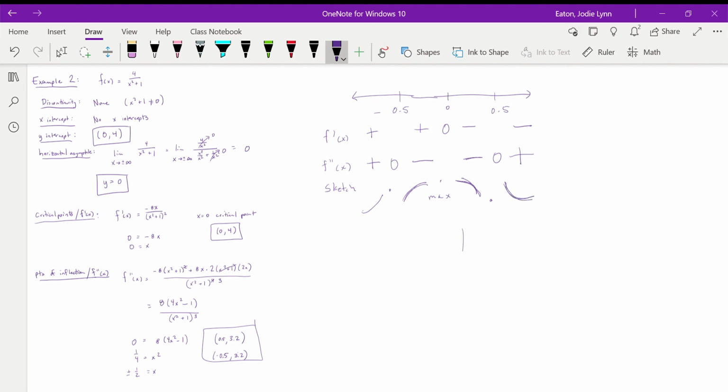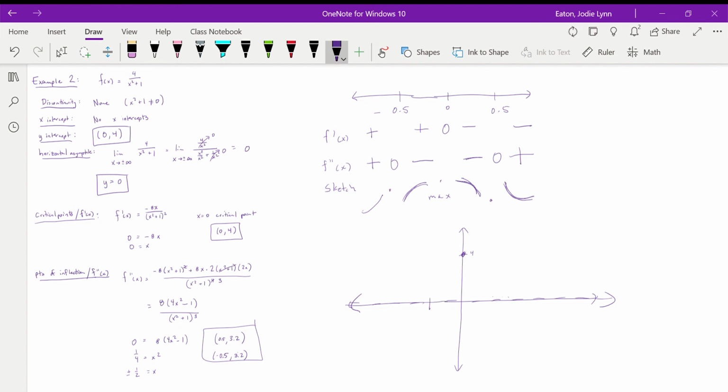So when I go to draw my sketch, I'm again going to start by putting in the actual points I know, which are (0, 4). I'll put in a point at (0, 4). And I know that I have a horizontal asymptote at y equals 0. Okay. I also know that I have a point at x equals 1/2, so let's make this our 1 here.